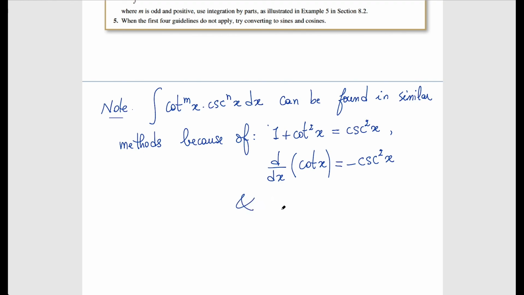And if we differentiate cosecant, we obtain minus cosecant x cotangent of x, right? So these are very reminiscent of the properties that hold for tangent and secant, and whatever guidelines we have for tan and secant, we can run them for cotangent and cosecant, because of the nature of the properties that link those two functions together.